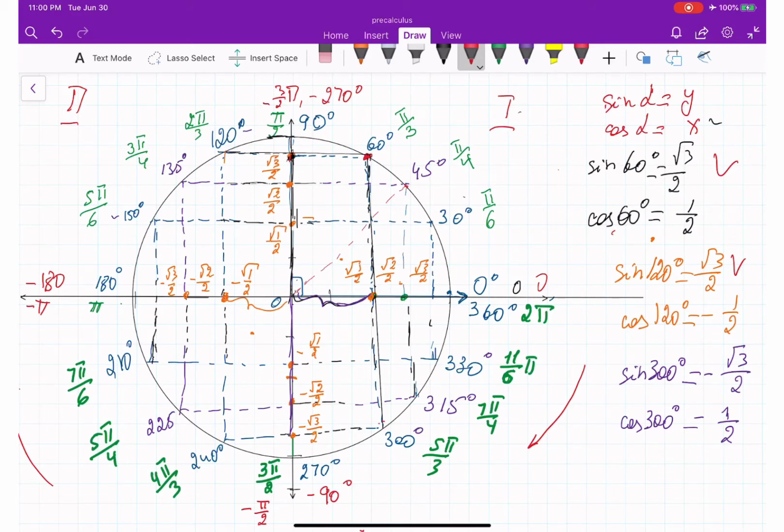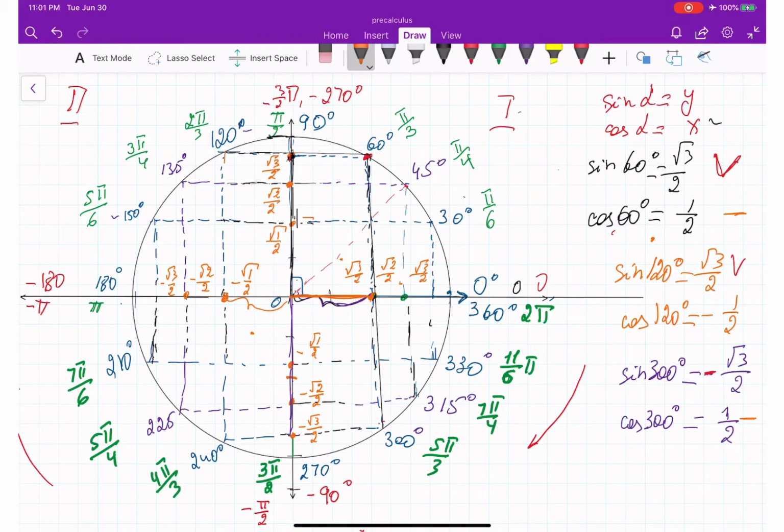Sine 60 degrees is square root 3 over 2, sine 300 degrees is negative square root 3 over 2. Now let's look at the values of cosine. On the other hand, 60 degrees and 300 degrees share the same cosine, which is the value of x. So cosine 60 degrees is 1/2, and cosine 300 degrees is 1/2.